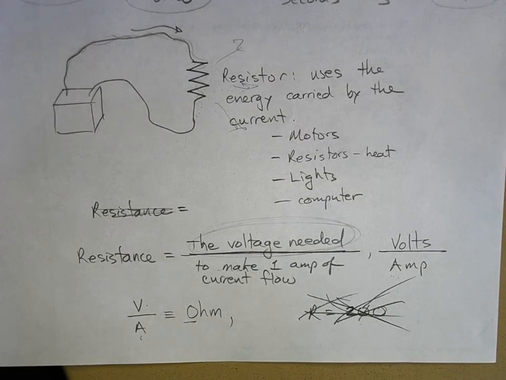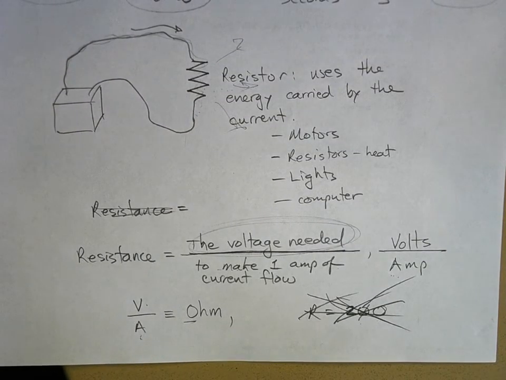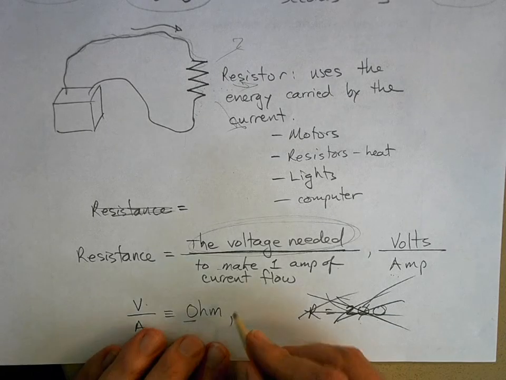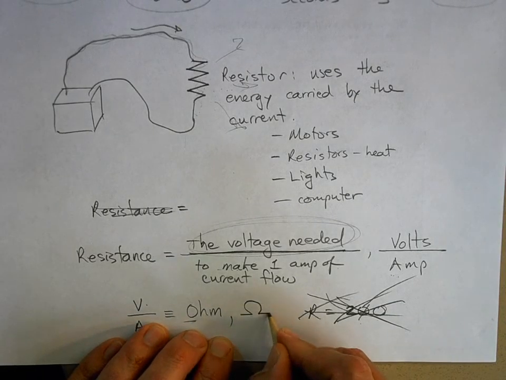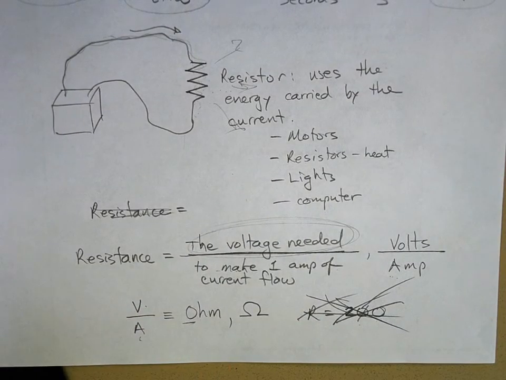So we use a Greek letter, also known as an omega, which is a horseshoe, basically. That's the symbol we use for ohms. It looks like a really awful, horrible cowboy hat. That's the symbol for an ohm.